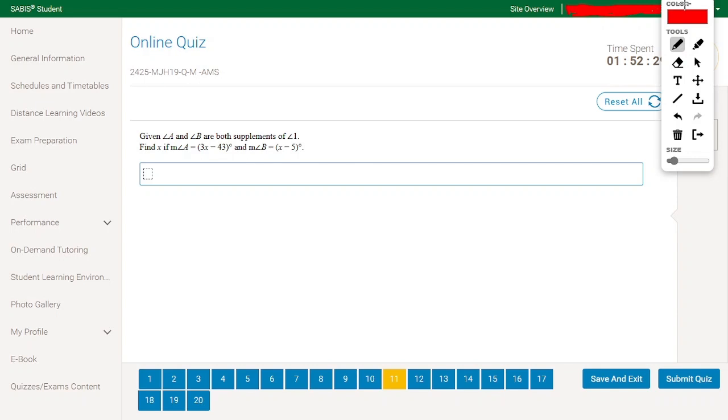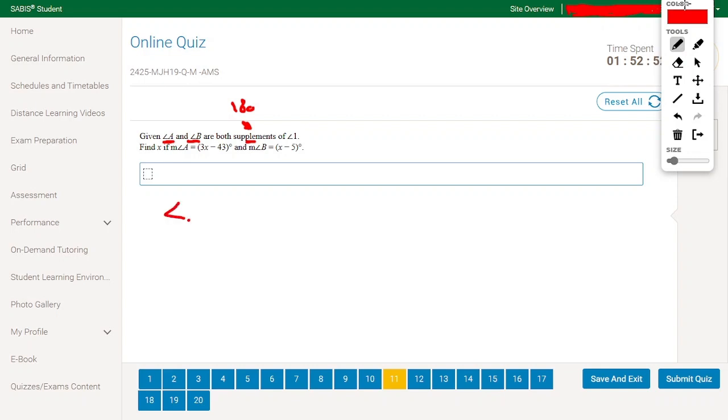Given angle A and angle B are both supplements of angle 1. Okay, supplements, that means 180. Angle A is a supplement to angle 1 and angle B is a supplement of angle 1.